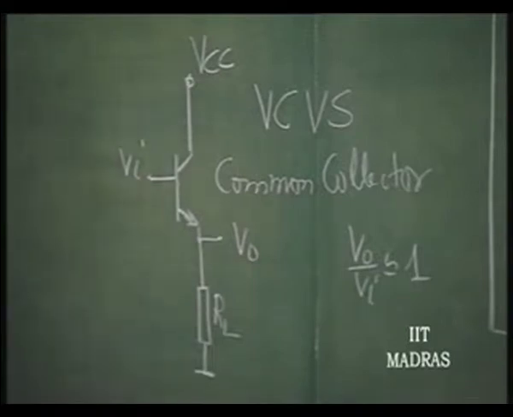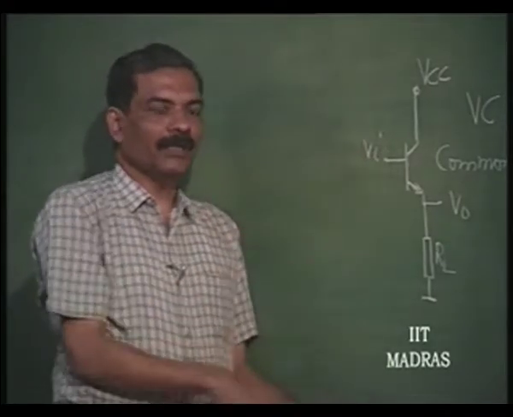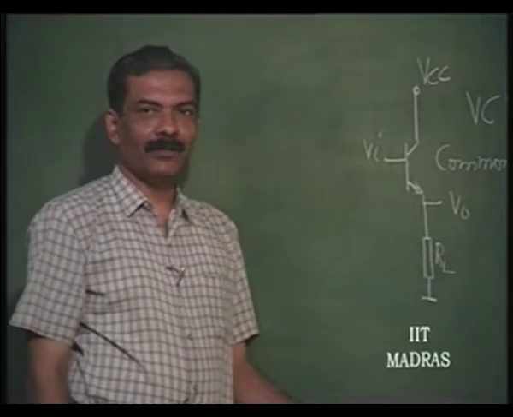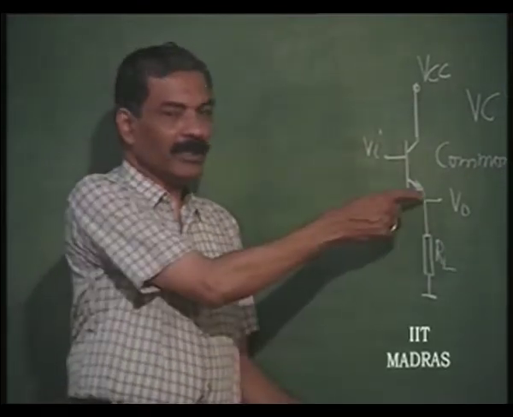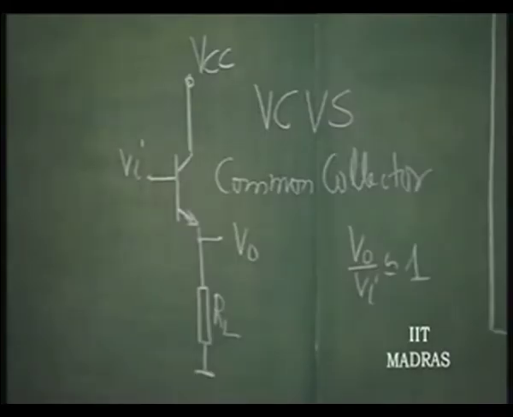This is a commonly used power amplifier stage. The input power is small because the input current is of the order of beta plus 1 less than the output current. This is the output current. So, input power is going to be much less than the output power, that is definitely true.